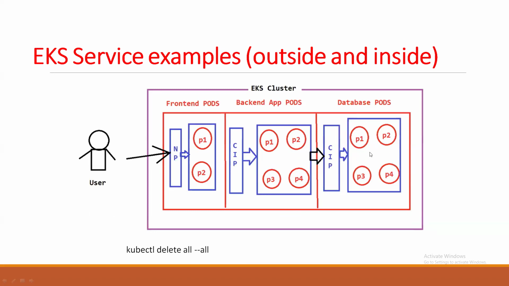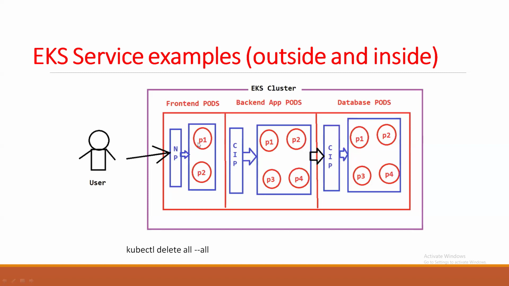So we cannot access directly through the IP address. We can create a cluster IP for these pods, right? One IP address will be assigned, so we can connect from this to this by using the cluster IP. Why can we not connect to the pod IP? Because if a pod is deleted, it will automatically create another pod, and the pod IP address will change.